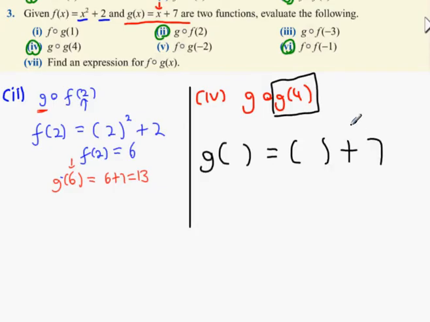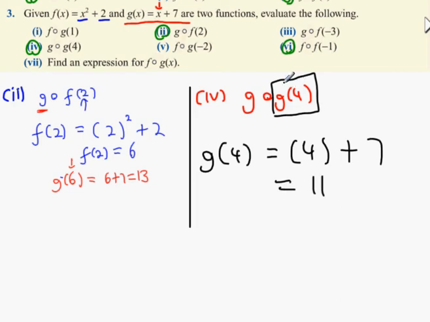So remember that the g rule is whatever it is, you're going to add on 7. See the way it says g of x is x plus 7? x represents what it is you're using. So what is it that you're using? 4. So 4 plus 7 is 11.